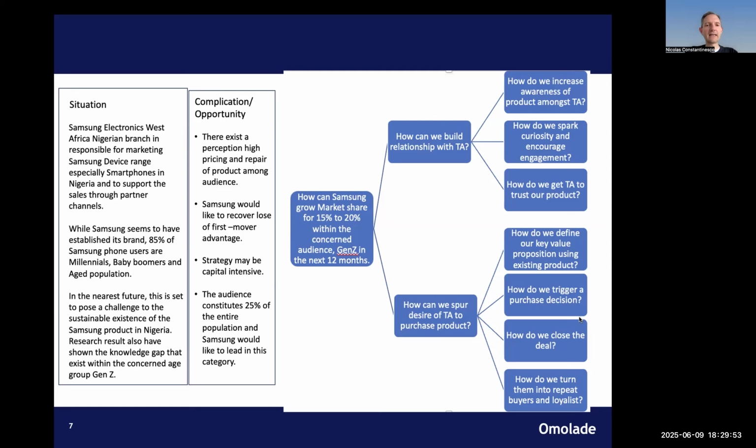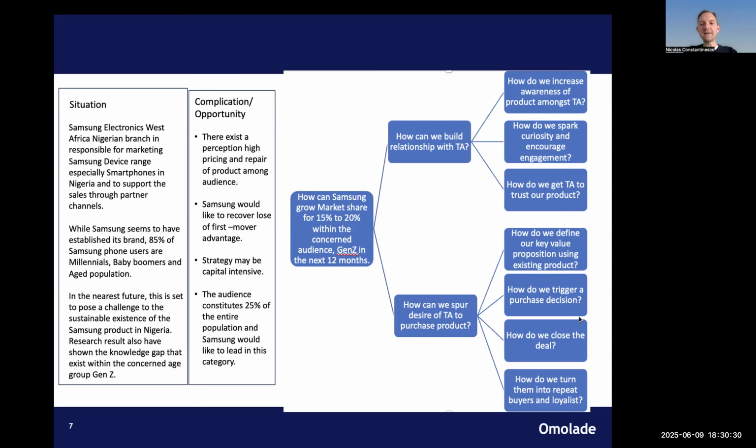Now the other thing about level one is that I think it's incomplete. There are a couple of things missing in order to get to the part where you actually manage to increase market share. Even if you solve how to improve the relationship with them, and how to increase their motivation to choose a Samsung over other things when buying a phone, there are still a couple of things you would need to solve to ultimately get your market share improvement.